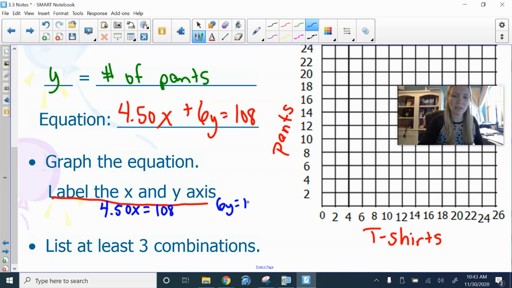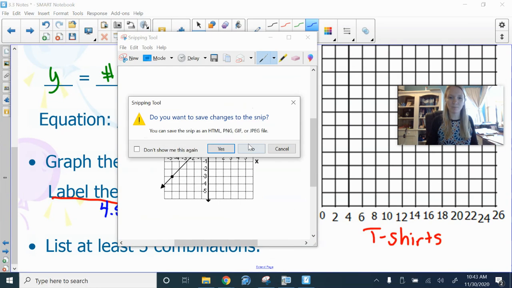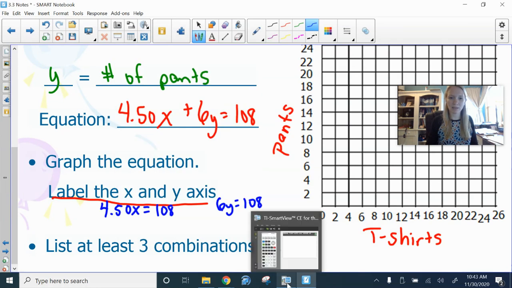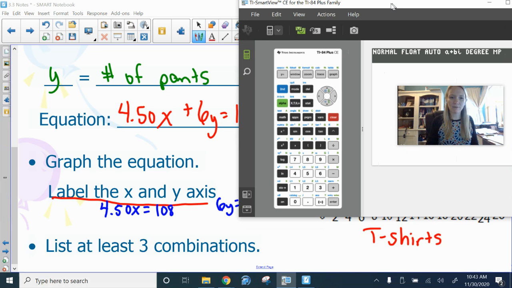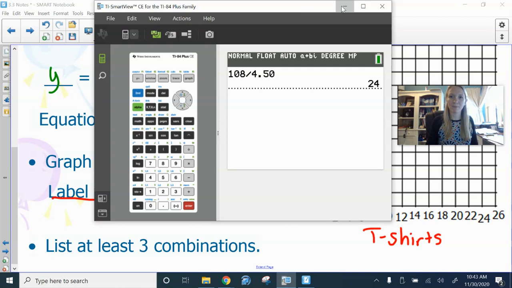Same thing, I could take my 6y and set it equal to 108, and that would give me my y value where it crosses the y-axis. So to solve 4.50x equals 108, I'm just going to divide 108 by 4.50, and I'm going to get 24.